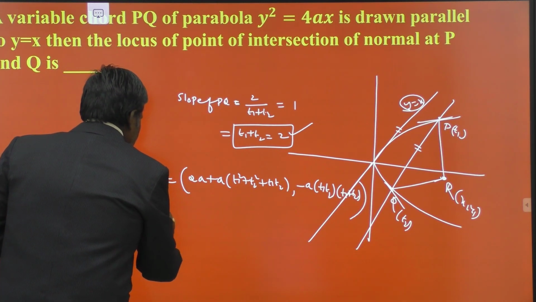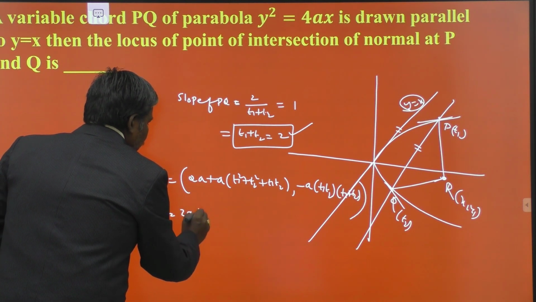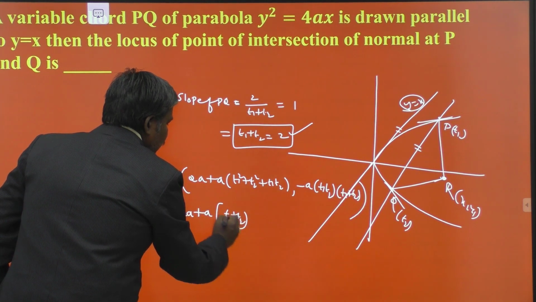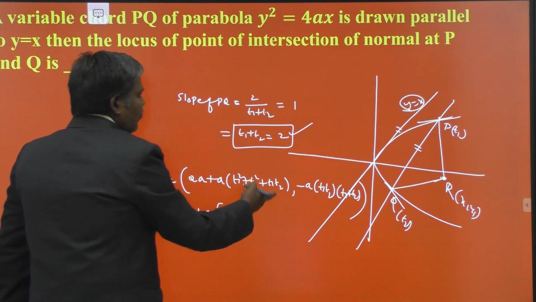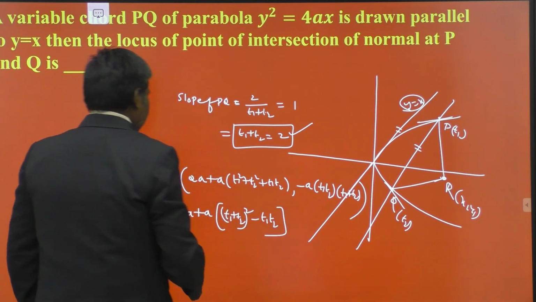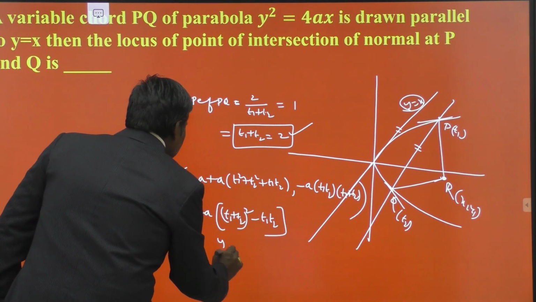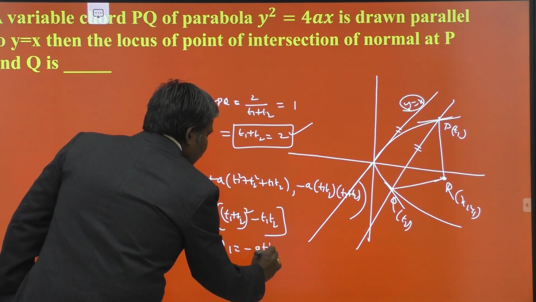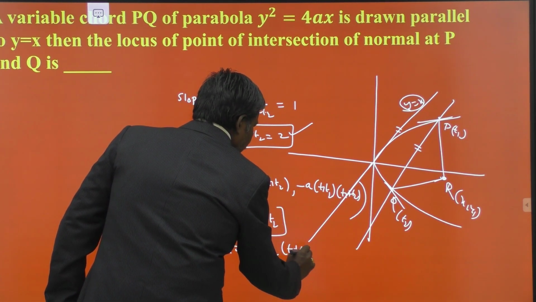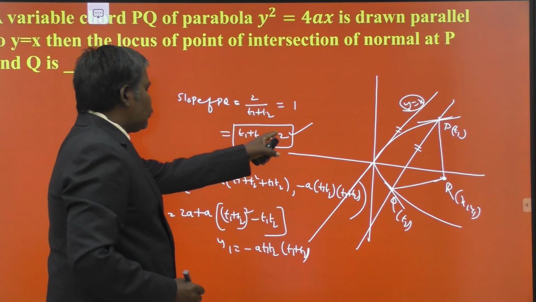Let us try to eliminate that. x1 is equal to 2a plus a times of, this can be written as (t1 plus t2) whole square minus 2t1 t2, again plus t1 t2 is there, minus t1 t2, and y1 is equal to minus a t1 t2 times (t1 plus t2). What is our t1 plus t2? 2.